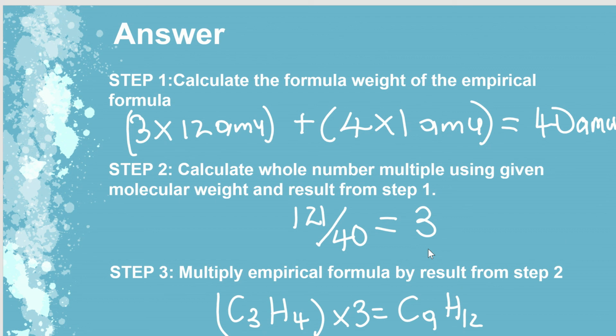We divide that by the answer from step 1, and we get the result to be 3. Then our final step is to multiply the empirical formula by the result from step 2, which is 3.